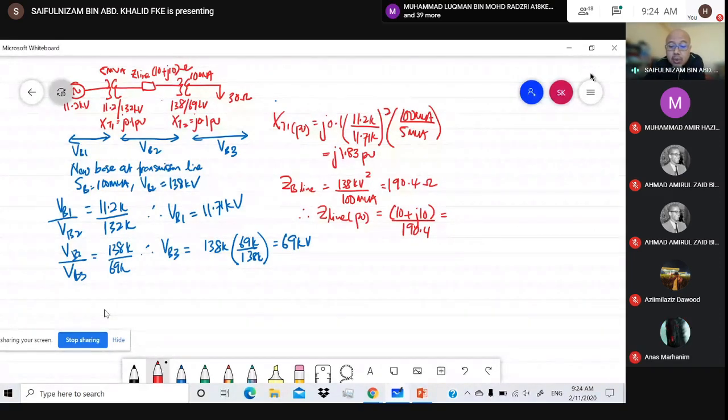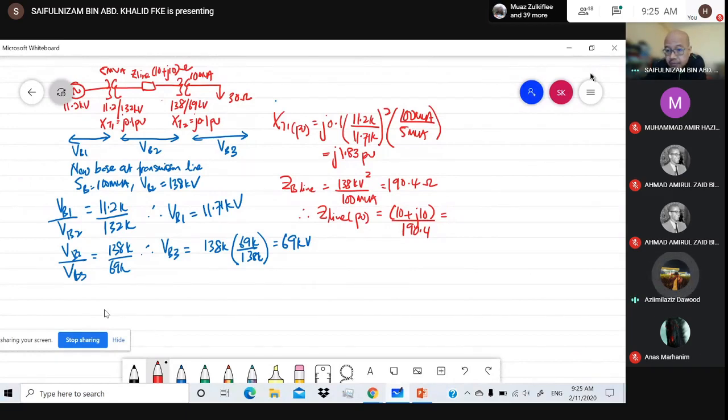Better you change to polar form, 10 plus j10, because you want to divide, so it's easy to check your final answer. 0.074 angle 45 degrees. This one is the final answer, not divided yet.